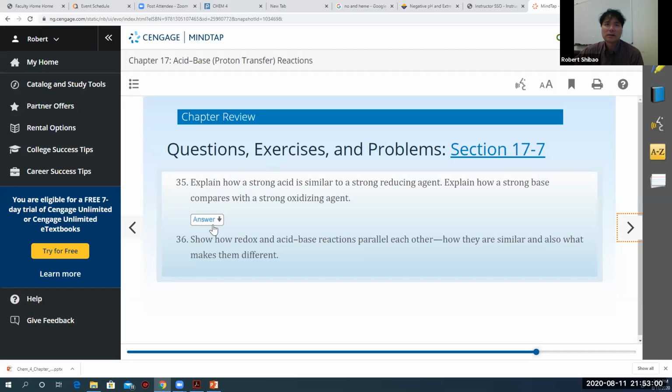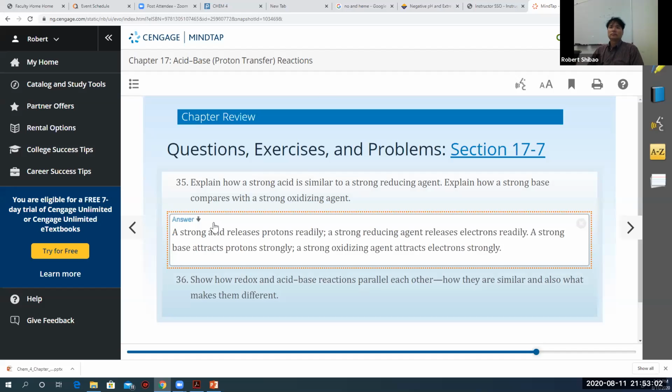Let's see what they say. Okay, pretty much this. This is another way I'm looking at it, but they were asking about reducing agent.